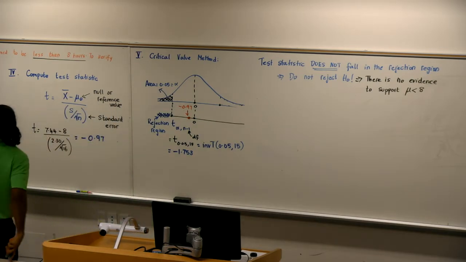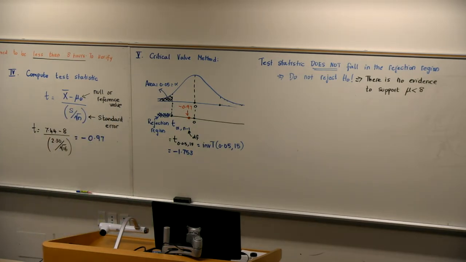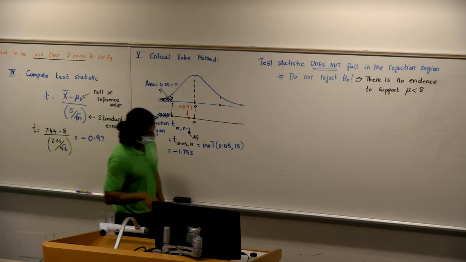Because just by looking at this, I can tell whether the null would be rejected or not. But we want a precise answer, which is why we do all of this.